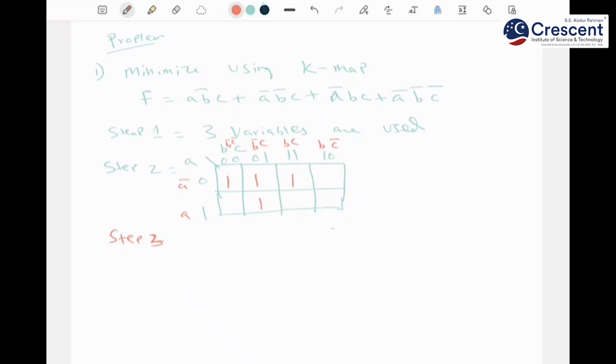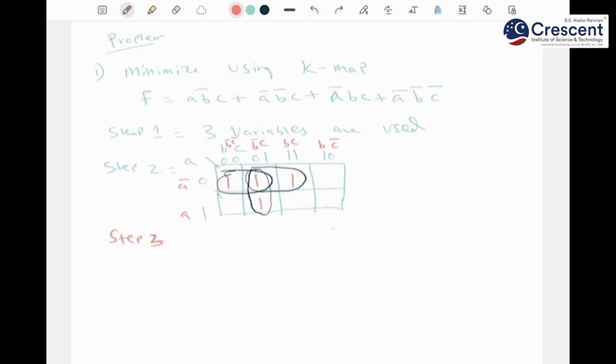You will change the color so it will be clear for you. So this will be in one group, then this will be one group, and this will be another group. You cannot group like this, that is not possible. Or the 3, we cannot group.